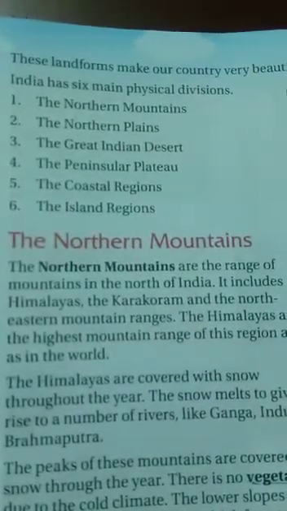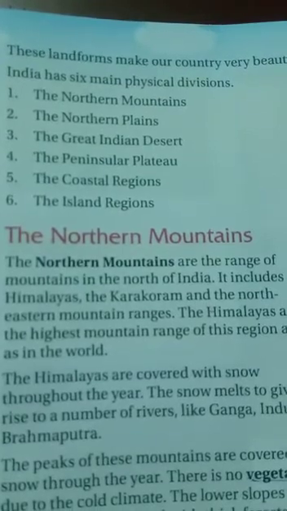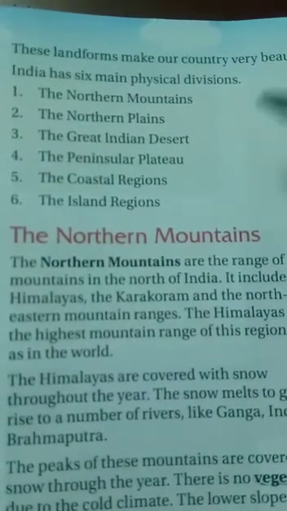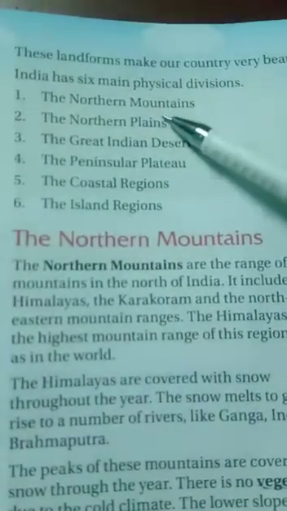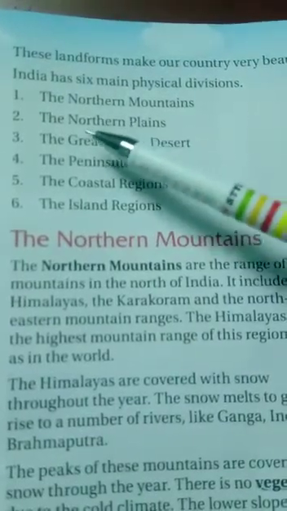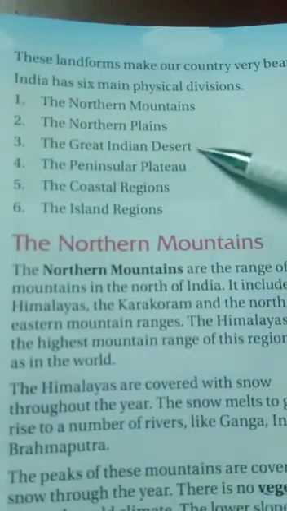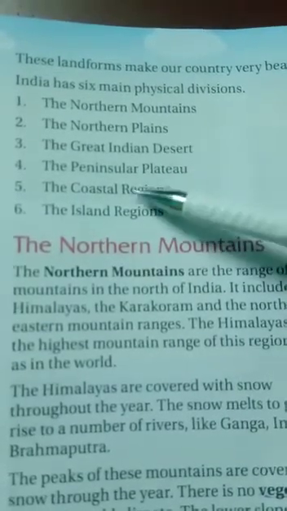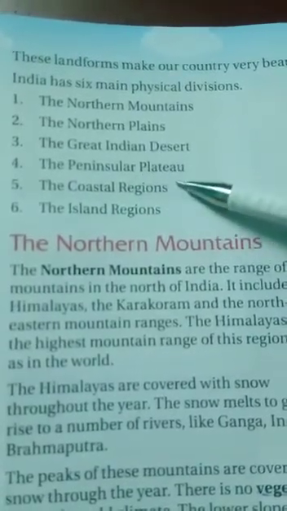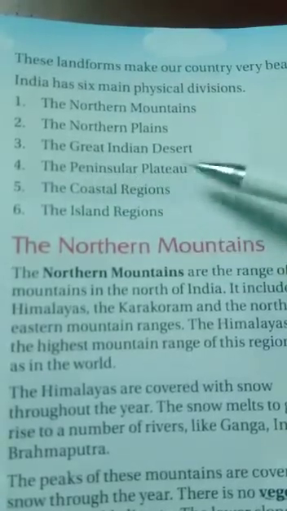What are the different types of landforms? India has 6 main physical divisions. The first one, the northern mountains. The second, the northern plains. The third, the great Indian desert. The fourth, the peninsular plateau.